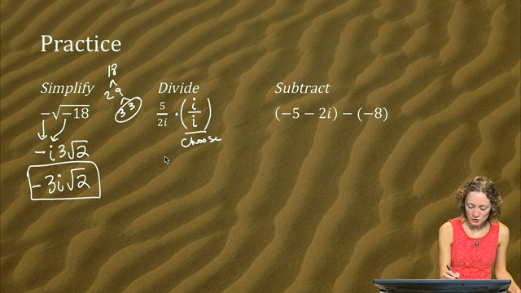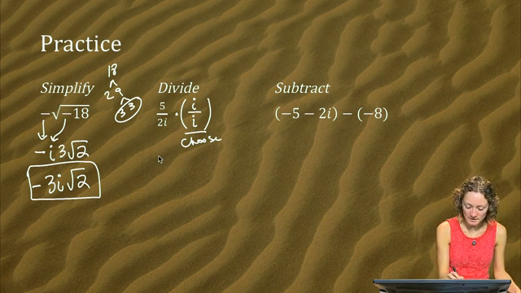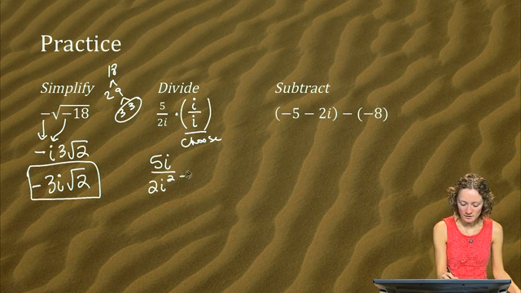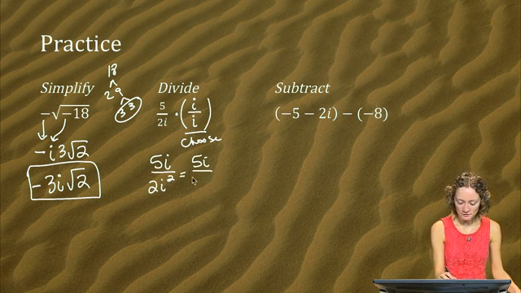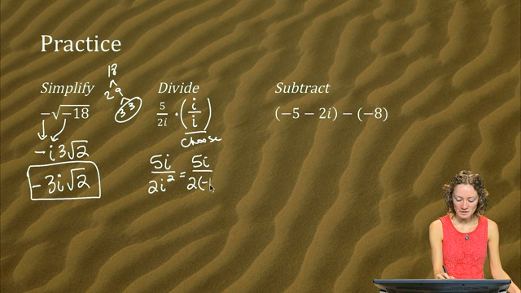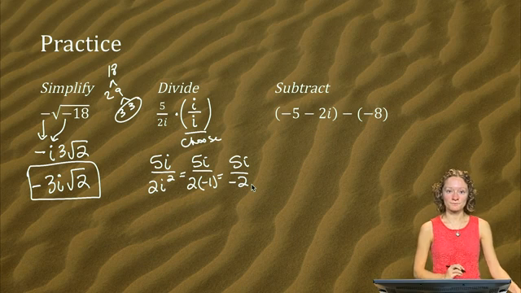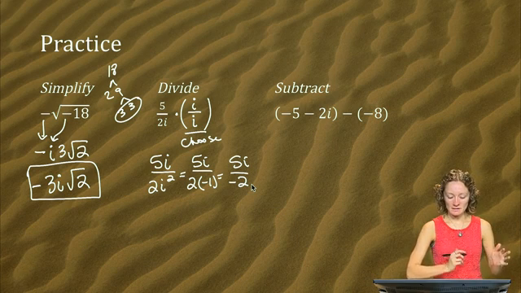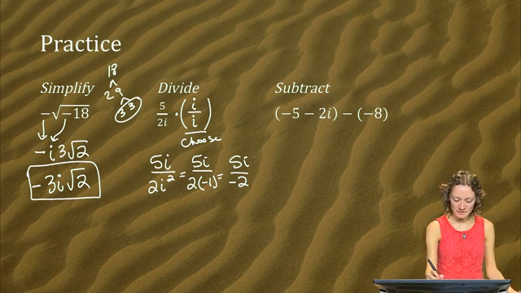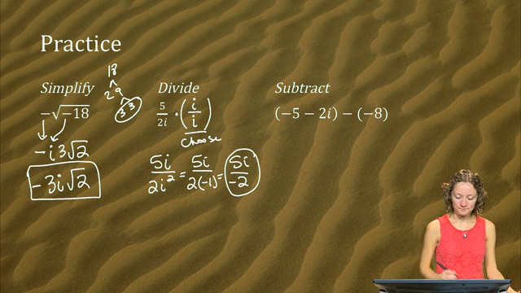Let's go through it this way, and then I'll show you one other thing. So straight across gives us 5I over 2I squared, which simplifies to 5I over 2 times -1, 5I over -2. And this one doesn't have a real and imaginary piece, it's just the imaginary piece, so this is good.